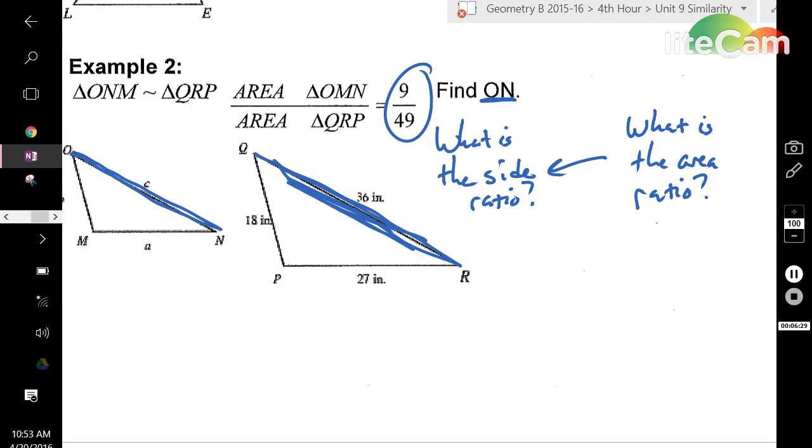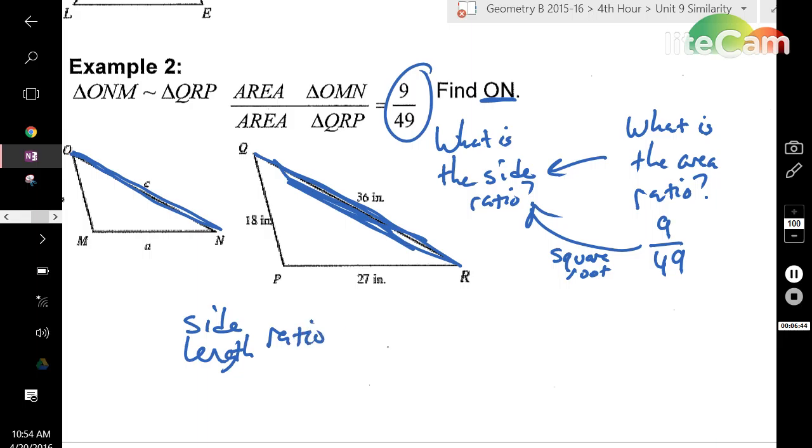So if I'm taking my area ratio and I want to go back to a side length ratio, I'm going to square root it. So a side length ratio is going to be the square root of 9 over the square root of 49, which is 3 over 7. That is your side length ratio.